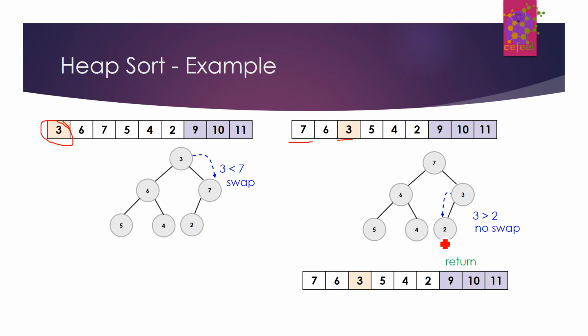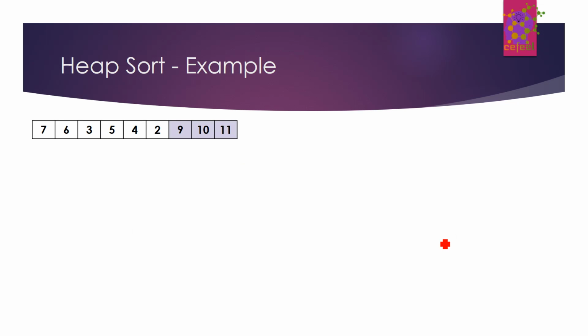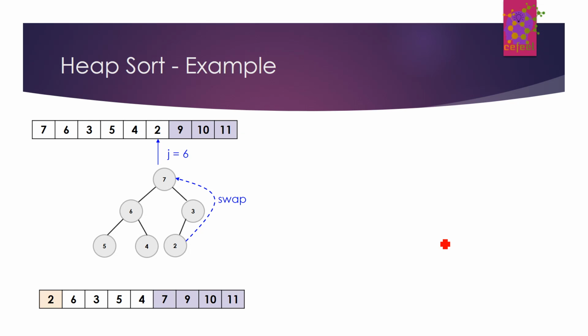Now we will go back again in the heap sort algorithm, and j will get decremented again to 6, and the first step is to swap the maximum element, or the root element, with this element, and then this is what it will look like. So 7 will replace 2, and notice what has happened.